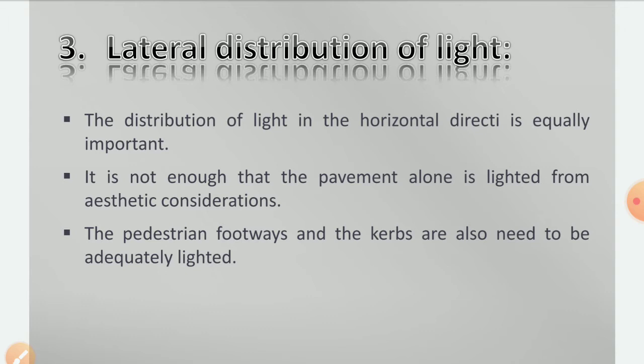It is not at all enough that the pavement alone is lighted, from aesthetic considerations. There should be proper illumination from all angles, horizontal distribution and vertical distribution, everything should be there.